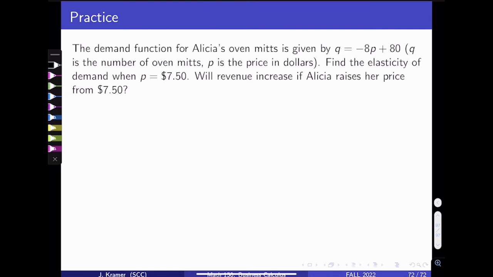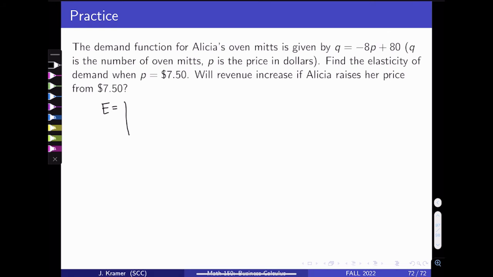Will revenue increase if Alicia raises her price from 750? So that would be if the demand is inelastic. So we'll want to find E first and then compare it to 1. So remember, the elasticity is found by taking the absolute value of the price over the quantity times the derivative of the demand function with respect to the price.